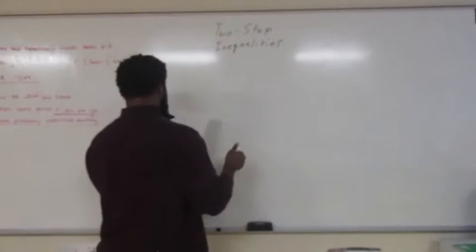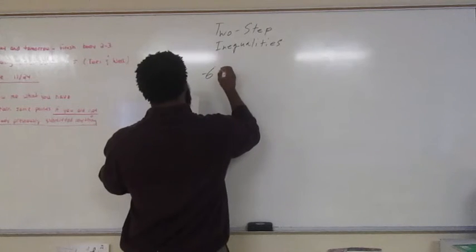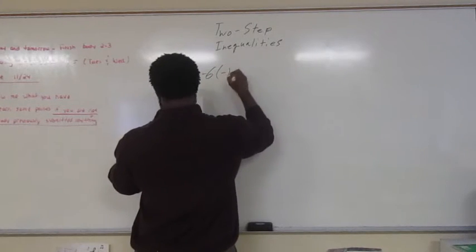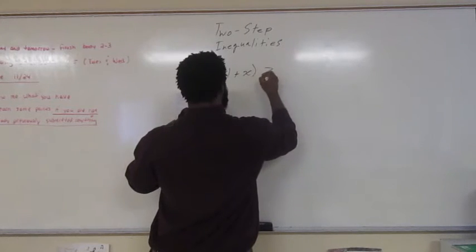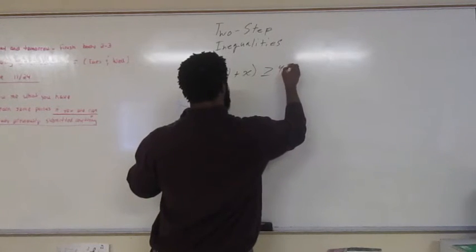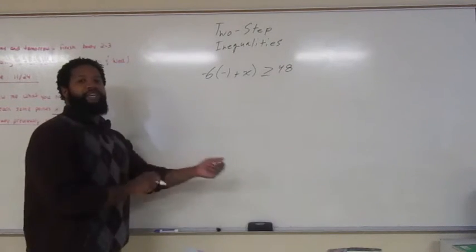So, let's say, for example, you might have something like this. -6 parenthesis -1 plus x is greater than or equal to 48, right? Say you have something like this.